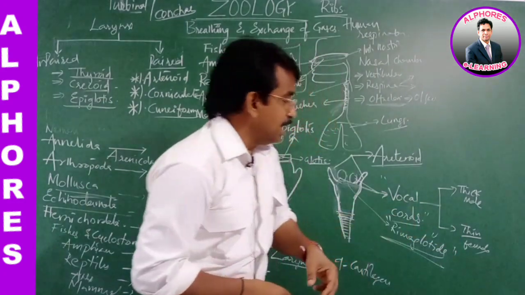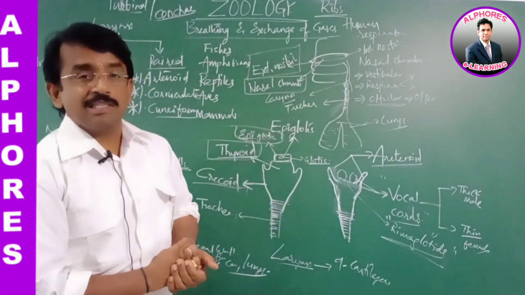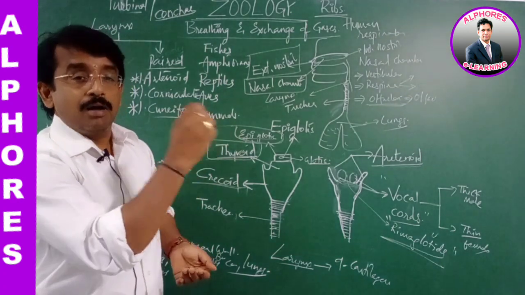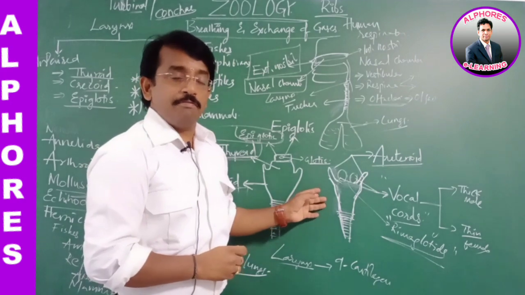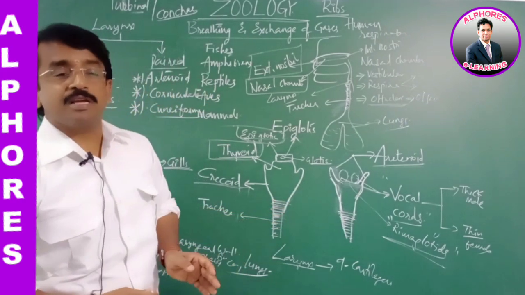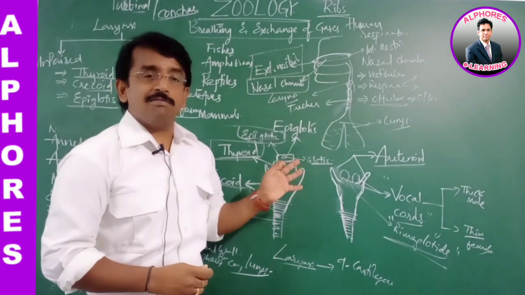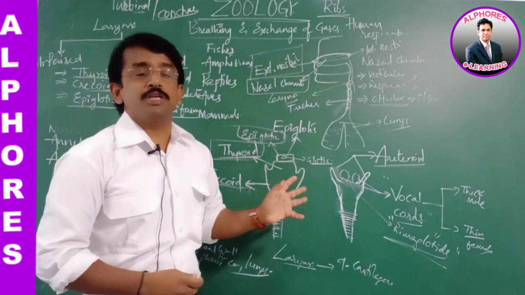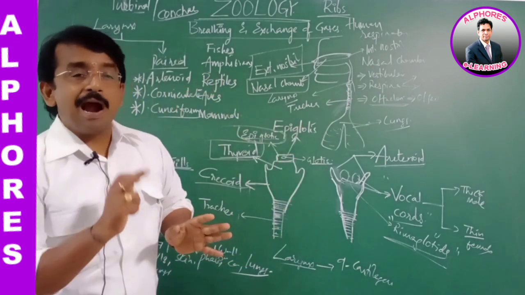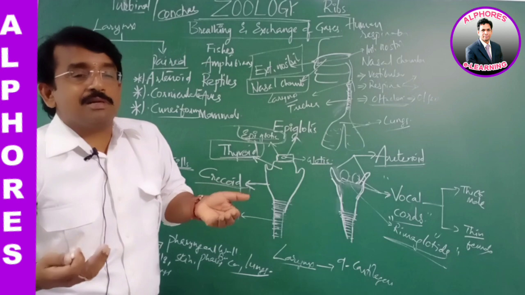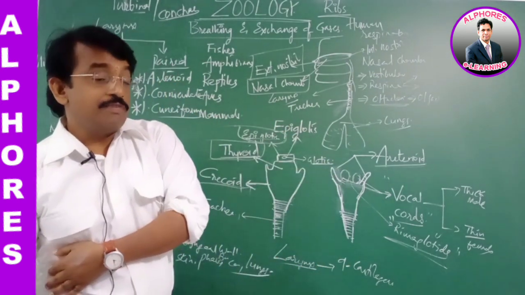Next, the false vocal cords have nothing to do with sound production, but with production of mucus. On the ventral side, the larynx has a prominence, mid-ventrally, a laryngeal prominence named the Adam's apple, which is seen only in males. Adam and Eve, we say: Adam is for the male, Eve is for the female.